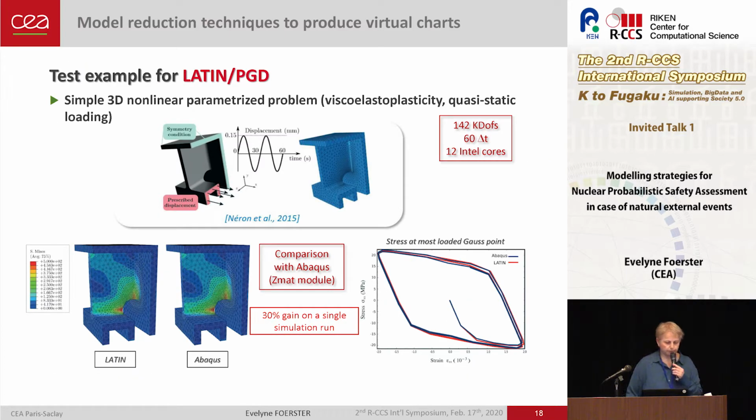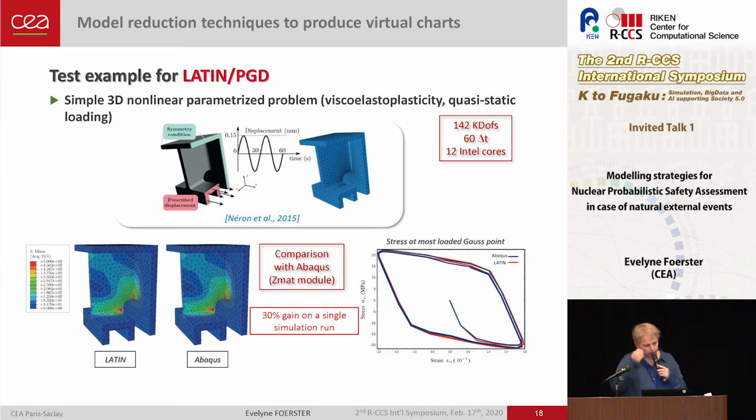So just a simple example, which was done really simply with a few DOFs. So it was 142,000 DOFs. So it's very small with respect to what we've seen here. But as I said, it's another way also to try to get efficiency, which can be then used for more demanding problems.